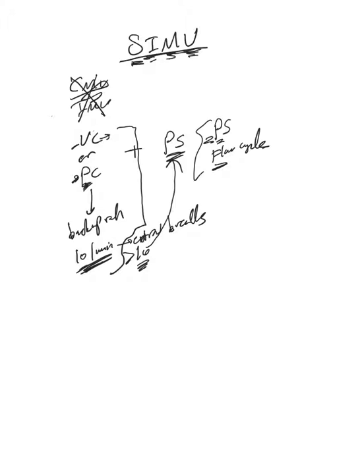So you see that it's not any different, it's just a combination of volume control or pressure control and pressure support. And the pressure support you can decide to be 10, 5, or even 0. You're not providing any pressure support for that reason.